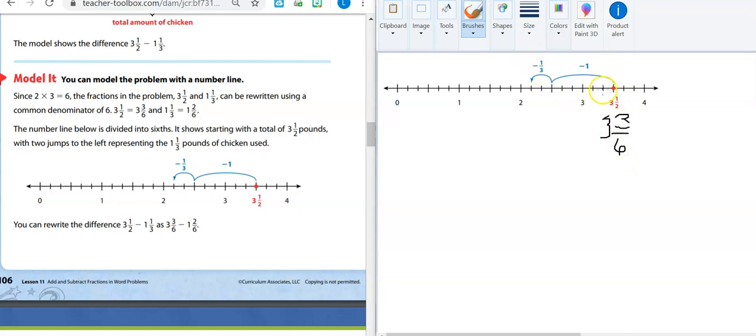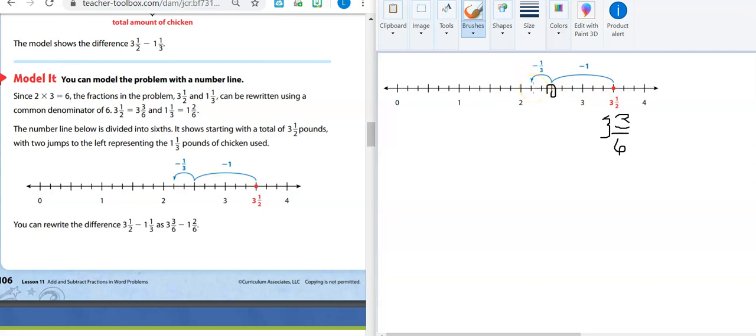So we're going to jump back 1, 2, 3, 4, 5, 6 places. And that right there is our 1 whole part that we jumped back. Now, we still have to subtract 1/3, which is the same as 2/6. So we broke our whole units into 6. So we need to go back 1, 2.